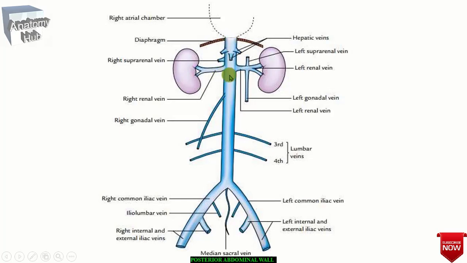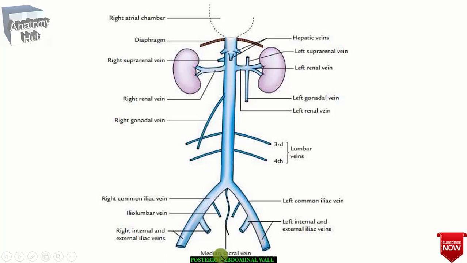Here you will find lots of tributaries of this inferior vena cava. It receives mainly three formative veins, three abdominal wall tributaries, three lateral visceral tributaries, and three anterior visceral tributaries.